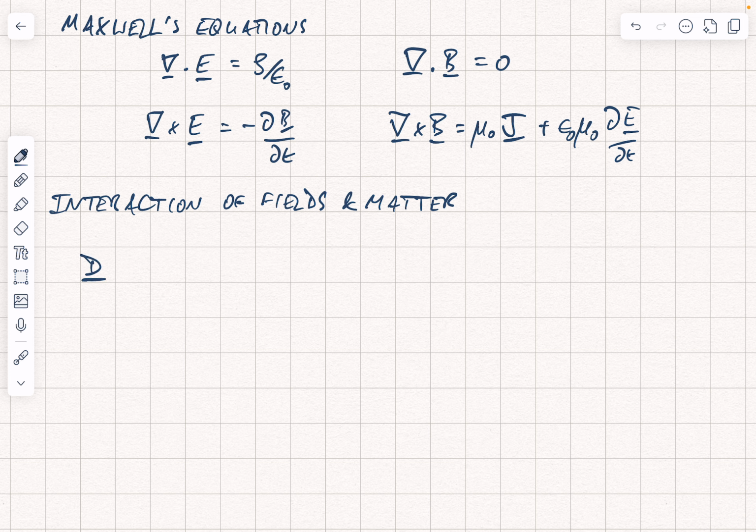So we have the electric displacement, D, which is epsilon naught multiplied by the E field, plus P, the polarization. And we noted that minus the divergence of the polarization gives you a polarization charge density. There is also a surface charge density. I'm not going to put that in at the moment.